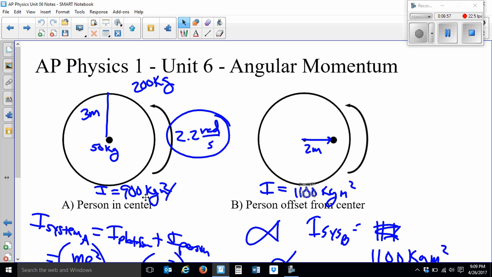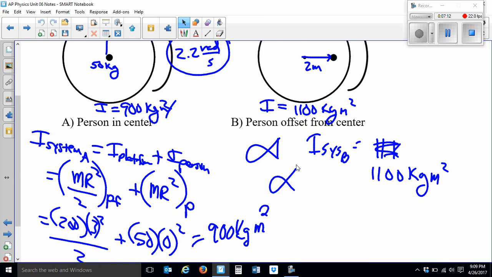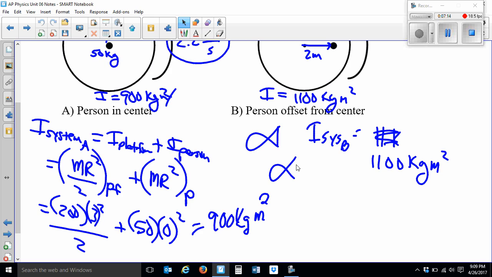But over here where that person's offset, they're actually farther out, so we've got more mass that is farther away from the center of that rotation. And because of that, the moment of inertia goes up. There's ways to calculate that, but to the best of our ability to notice, it's not really necessary for the AP test, which is super nice.